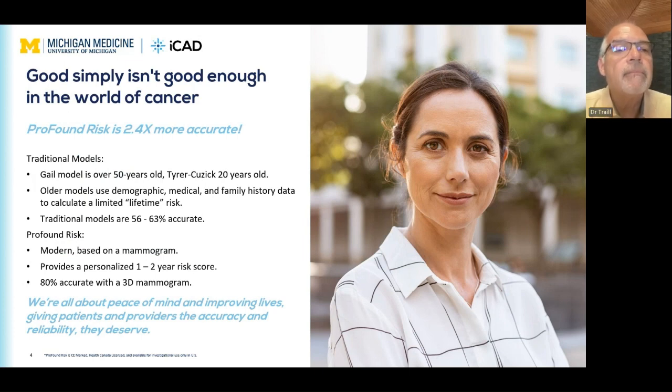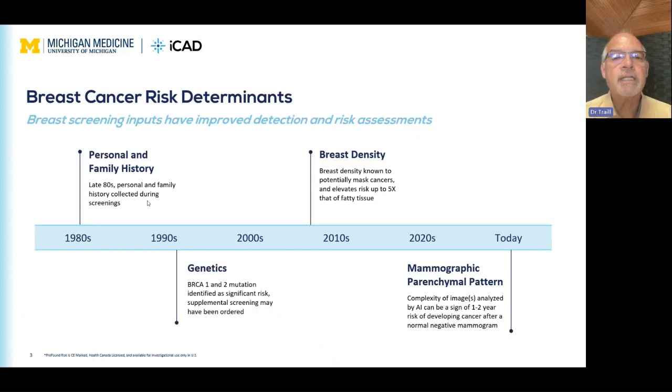And let's go back to the last slide just for one quick second, just so I can put it in a little context. So here we are, and I wanted to point out density here because it took a long time for that to happen. We knew for a long time that the high density interfered with our ability to read a mammogram, and we finally realized that there's an increased risk, but it took a lot of patient advocacy and work to get this in routine practice.